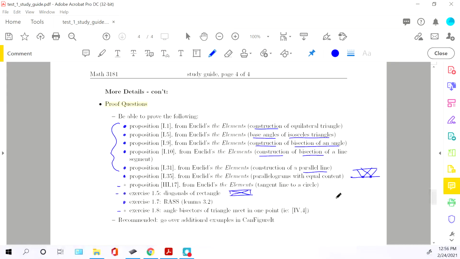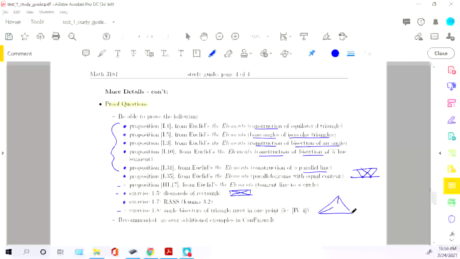So it would look like something like this. It says if you bisect each of these sides, so those are the same, those are the same, those are the same. Why is that center actually at 1 point? Why did the third angle bisector not miss the previous intersection point?